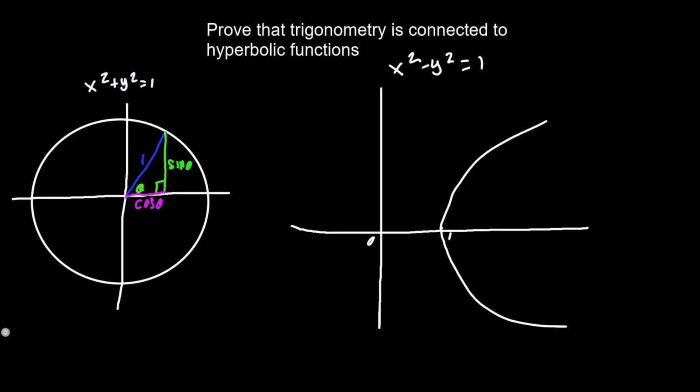So as we already expressed sine and cosine in terms of x and y, now we're just going to go ahead and look at this hyperbola. And we could create a new set of functions pretty much similar to that of our trigonometric functions, kind of in the same family, you know?